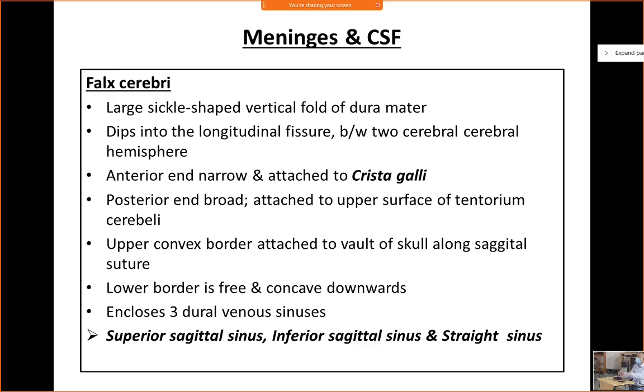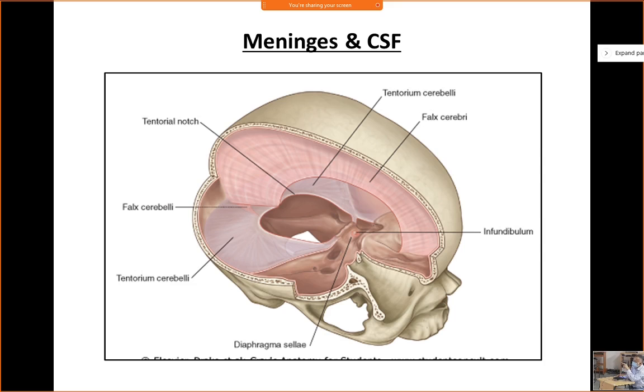The anterior end is narrow and attached to the crista galli. Crista galli is a bony prominence on the inner aspect of the frontal bone. Here you see that it comes vertically and anteriorly and is attached to the crista galli. Here it is attached, so that is the apex.